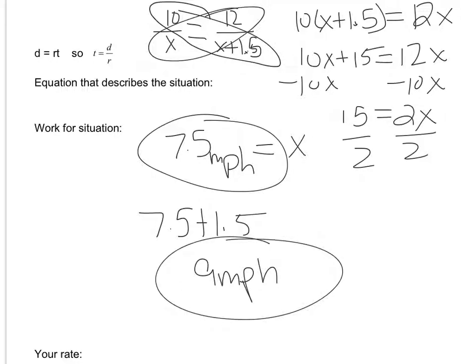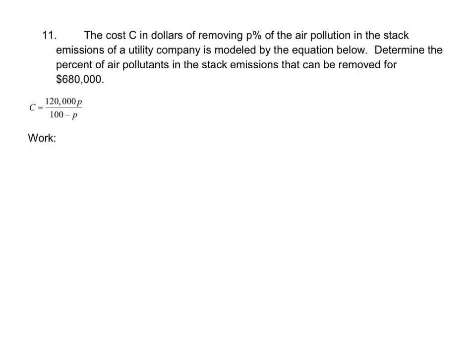Okay? Let's take a look at another one. All right, the cost C in dollars of removing P% of air pollution in the stack of emissions of a utility company is modeled by the equation below. Determine the percent of air pollution in the stack of emissions that can be removed for $680,000.